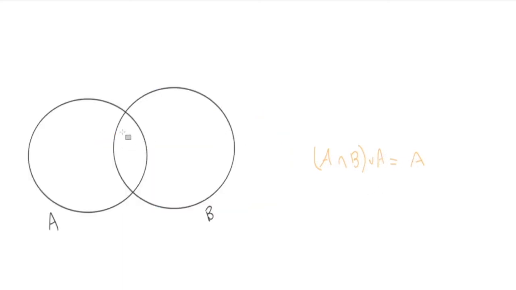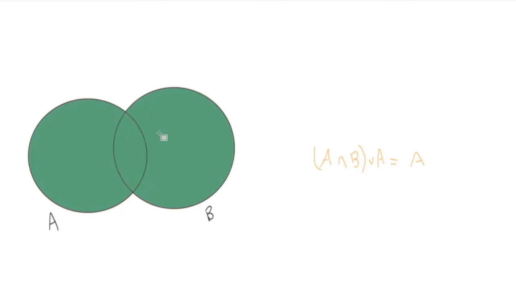Okay, let's look at the problem from the other angle. Say we started with the union of those two sets, A union B. What do we have to do to A union B in order to get A? Well, all we need to do is find the area that overlaps with A. So we just eliminate this region here, right?